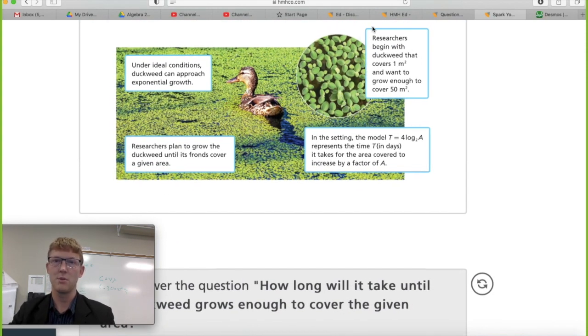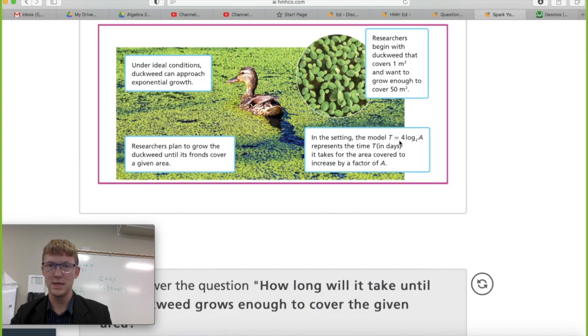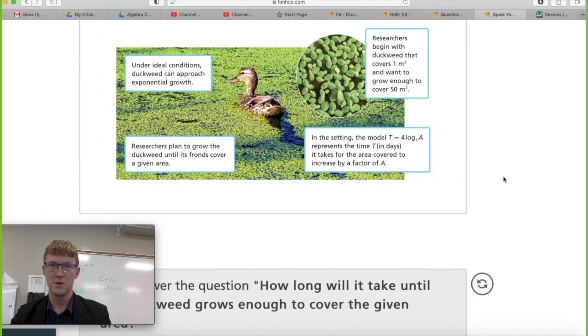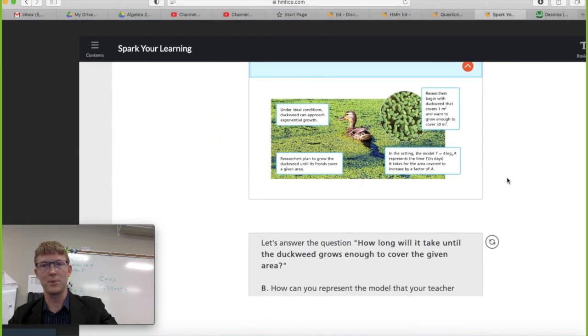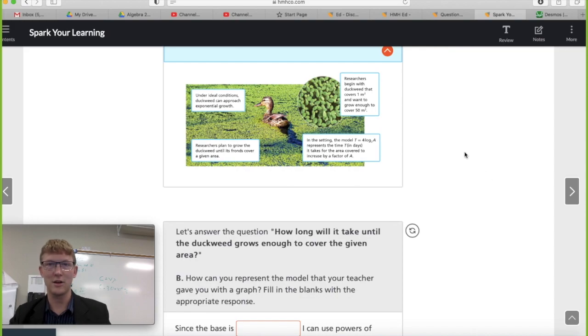Research began with duckweed that covers 1 meter squared and wants to grow enough to cover 50 meters squared. We've got our equation, T is in days, so how long would it take? This is just another application of the exponential and logarithm curves that we are learning about.